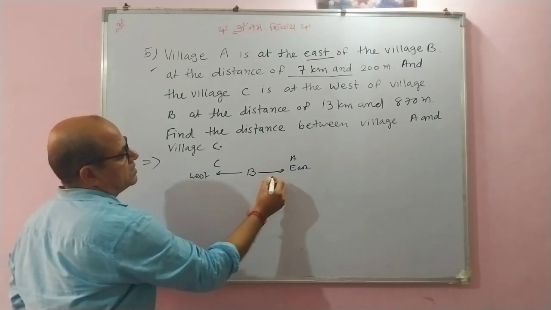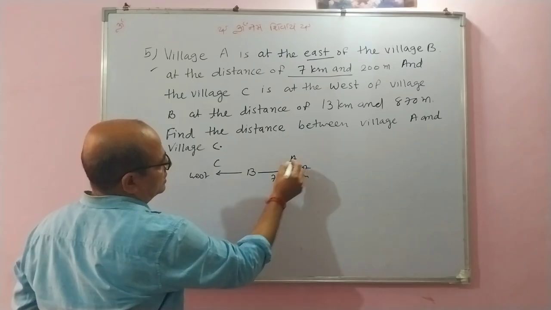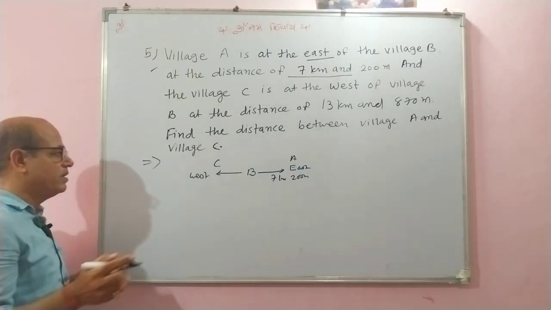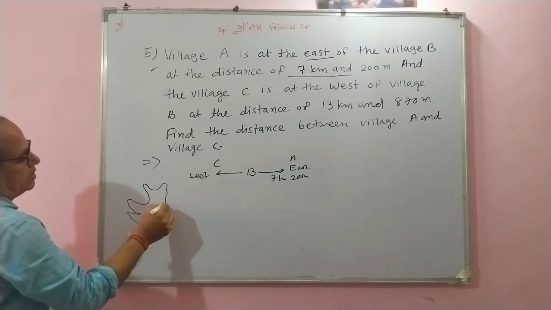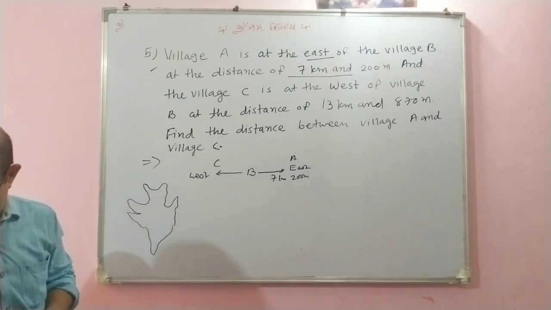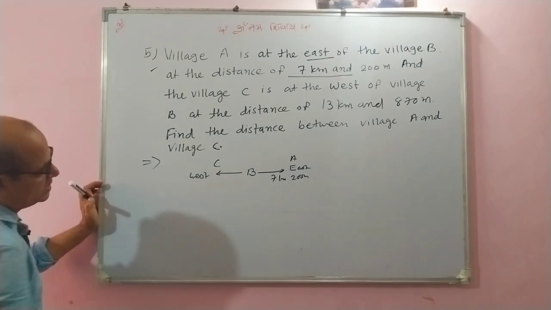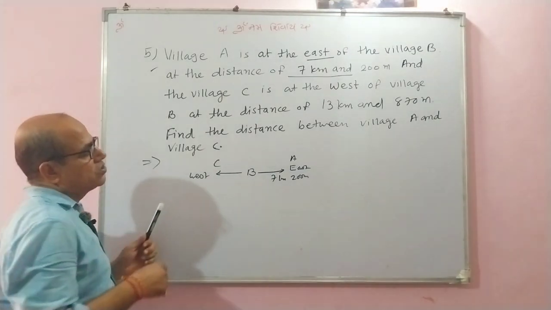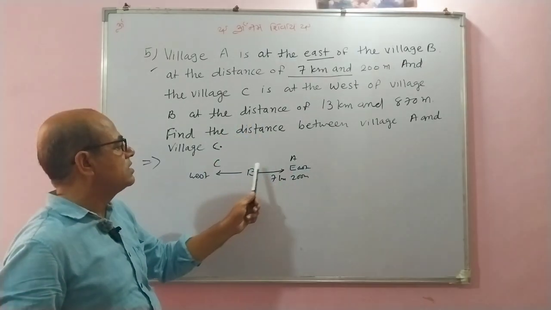If we are standing in front of a map, we know that here is Gujarat, here is Seven Sister. So like this you can say, right hand side is east and left hand side is west. So 7 kilometer and 200 meter is the distance between village A and B.